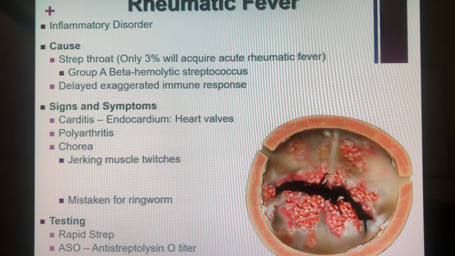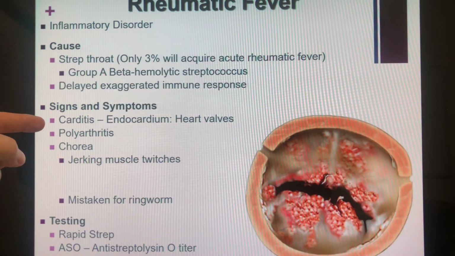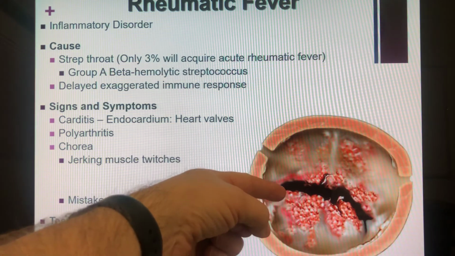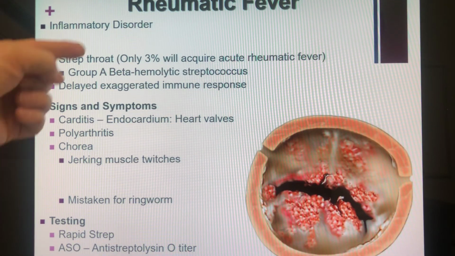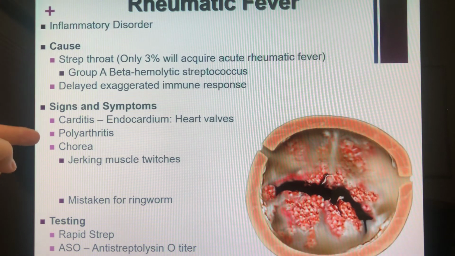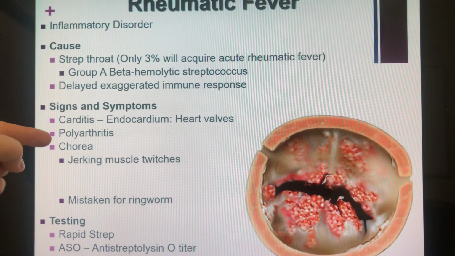Now, what is a little bit bizarre on this, and when you start looking at any kind of disease or condition, look for things that are bizarre, right? The signs and symptoms of carditis, that totally makes sense because of that, right? Not really a big deal. On the other hand, polyarthritis, we're talking about rheumatic fever, and now somebody has polyarthritis or arthritis in many different places. Okay.